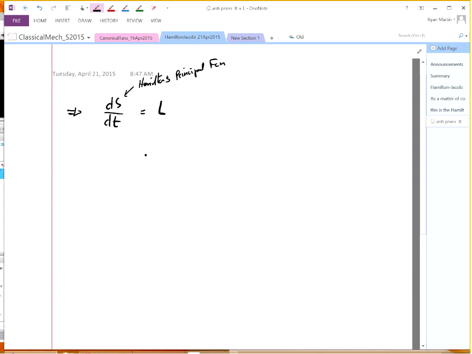So Hamilton's principal function, F, is equal to the integral over time of the Lagrangian, and then plus some constant.